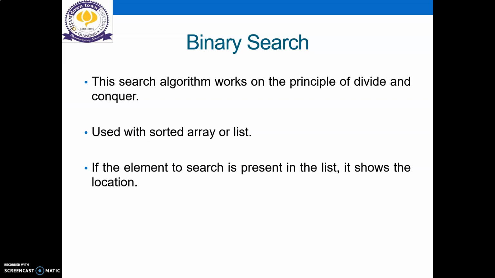That means it matches the element with the middle part, then divides the whole list into two halves. When the element to search is present in the list, it shows the location. Therefore, it is better than the linear search technique, as the number of iterations decreases in binary search.